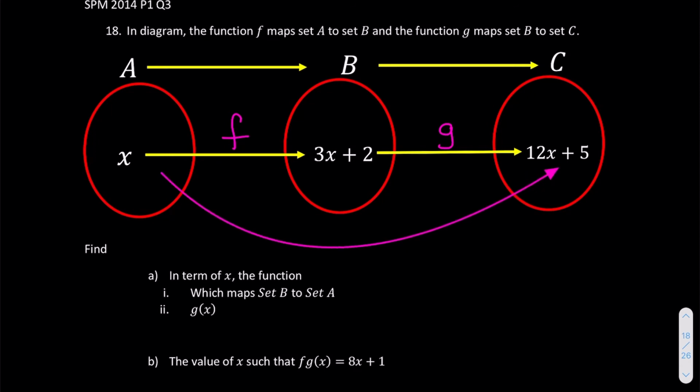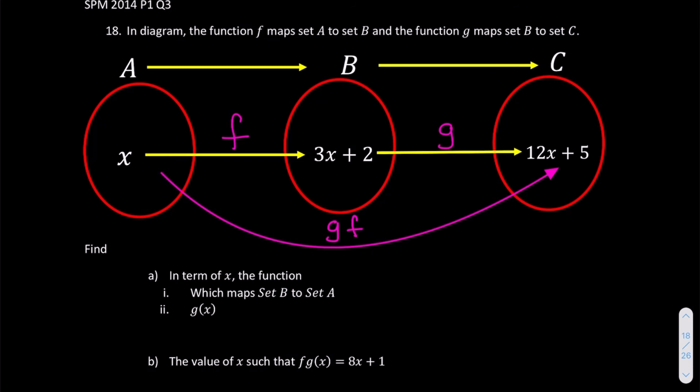How do we write it down? It's the opposite, right? So we just reverse. It's g f of x. Why? Because we always say that the function at the back happens first. So we know f happened first, then only g.